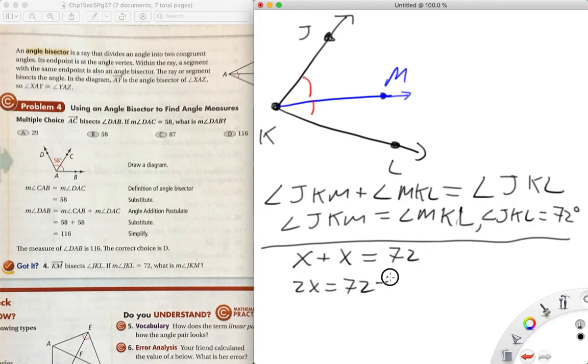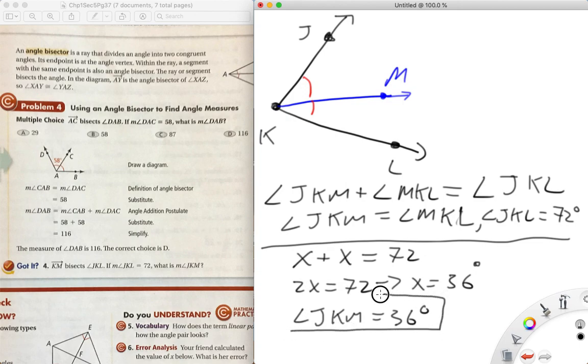I divide by 2, and I can say that x is equal to 36 degrees. Well, since JKM and MKL are the same, I can say that angle JKM is equal to 36 degrees. The reason why I called them X is because it's easier to solve for a variable when they're the same as opposed to solving with different letter angles. Okay.